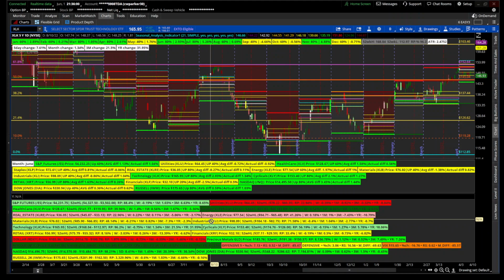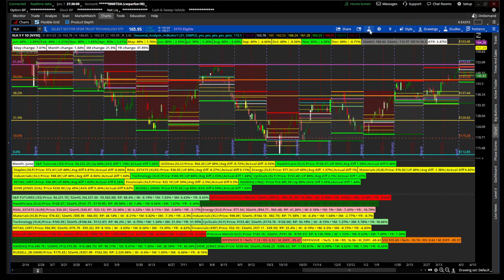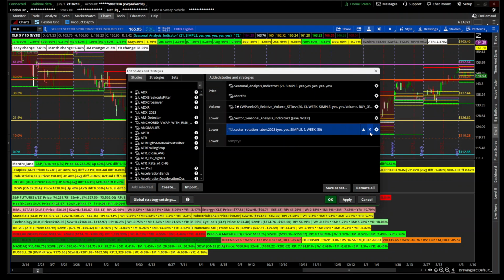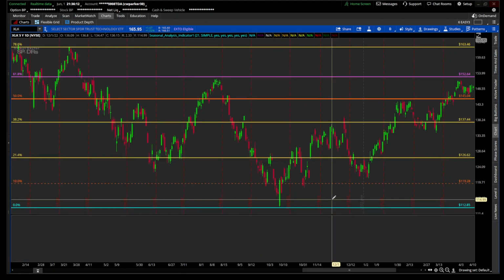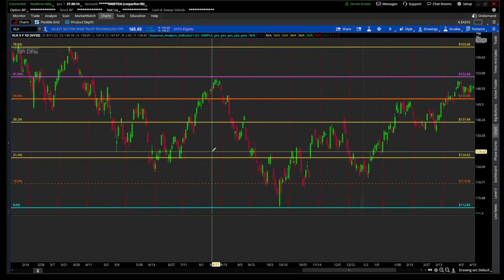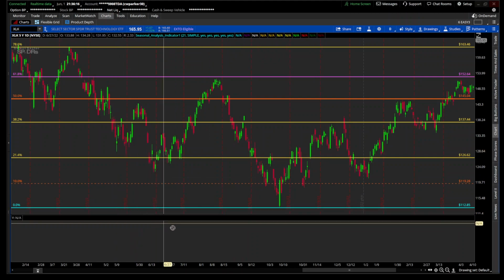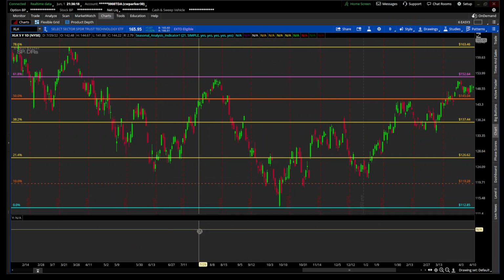But I just wanted to do a video on the sector rotation or sector analysis, since I haven't done one in so long. But let me get rid of those labels down there, and let's focus in on the actual season analysis sector rotation indicator, or those labels.